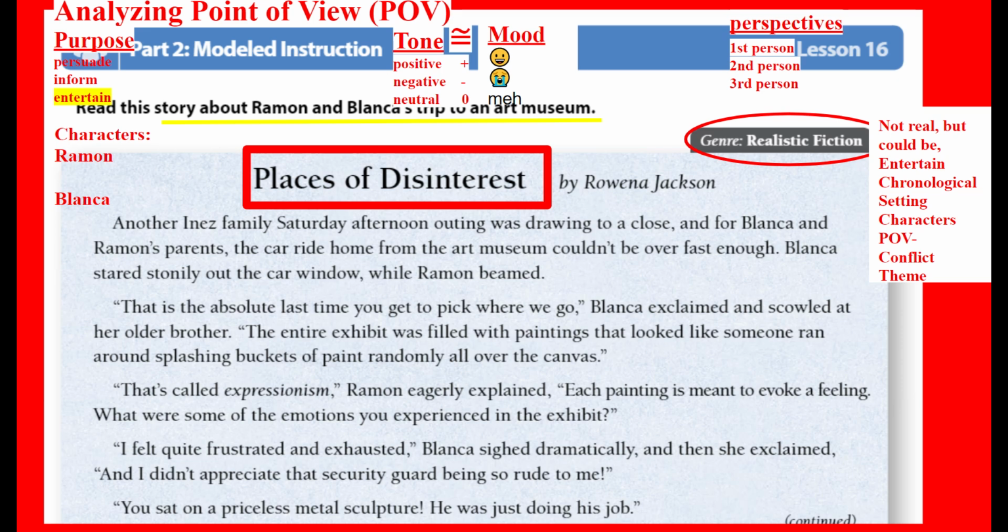You can look at the title of a story or any kind of text, really, and that can help you make an assumption as to what you think the rest of the text is going to be about. And you can also distinguish positive and negative connotations based on the words that make up the title of the text. So the title of this text is Places of Disinterest. So, disinterest.